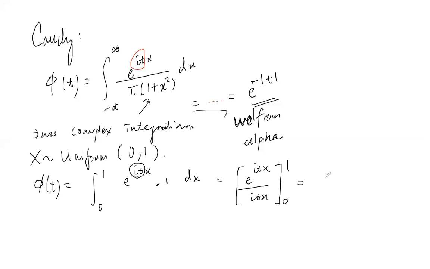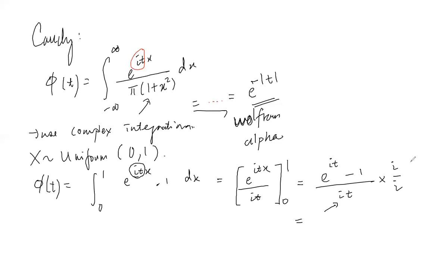Okay, so here you will have, sorry, there's no x here. So this will be, the other way around, e^(it) minus 1 over it. Sometimes if you want to get rid of the i in the denominator, you can multiply with i.